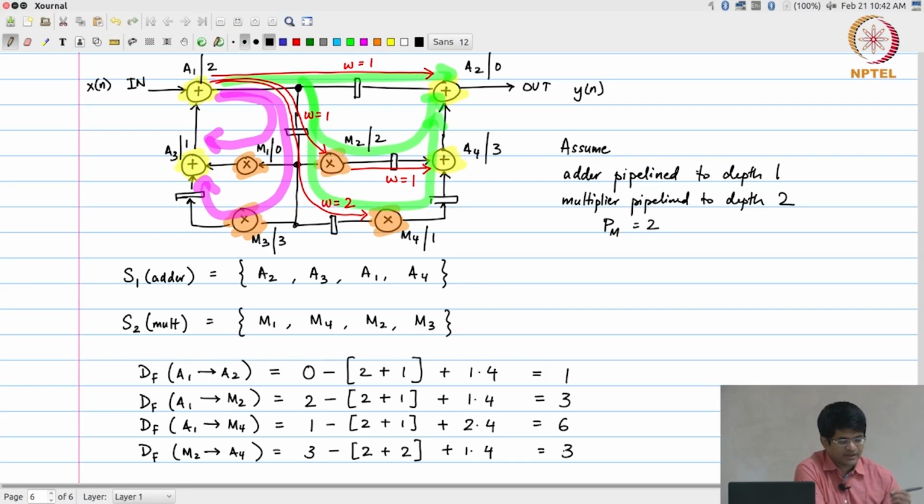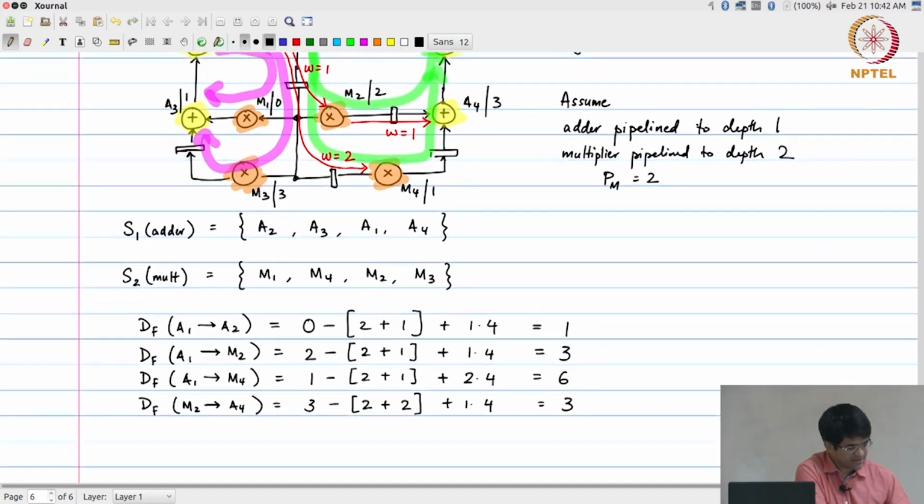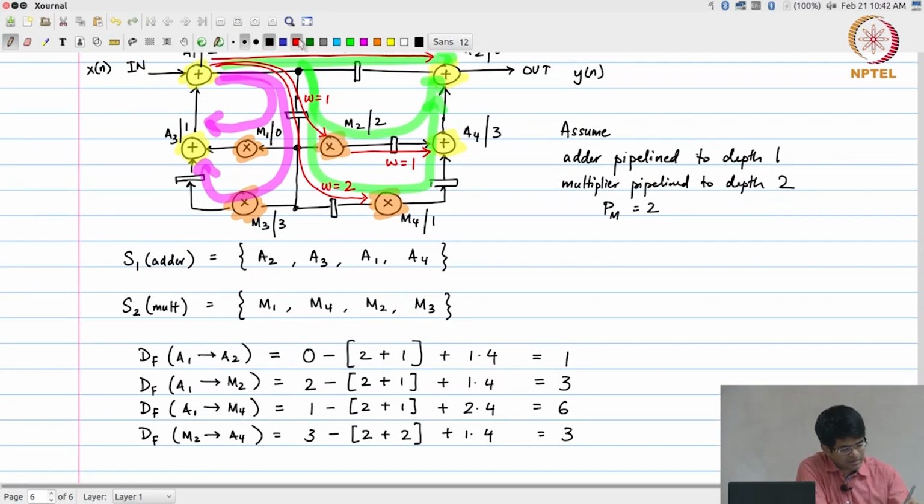And in this way, one example over here is where W is equal to 0.